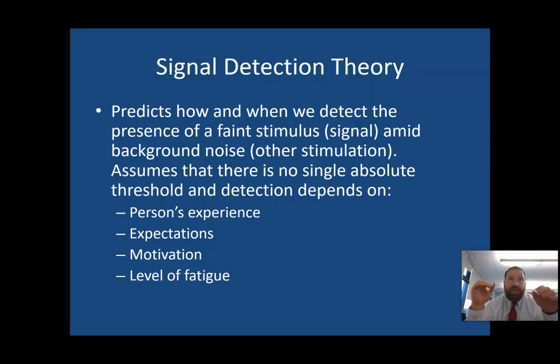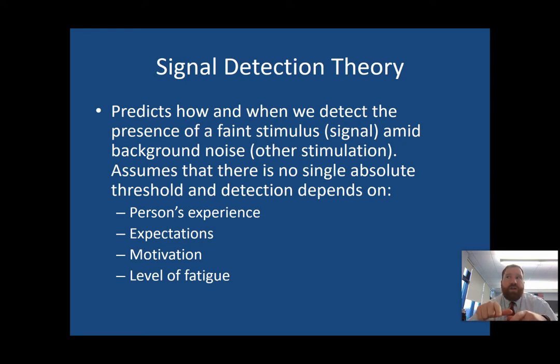So there's this idea, pretty prominent in military circles, that absolute thresholds don't mean anything. Because again, if everyone has different ones individually, then can we do things to make it more likely that you recognize a stimulus than not?